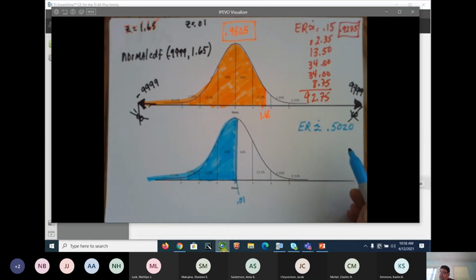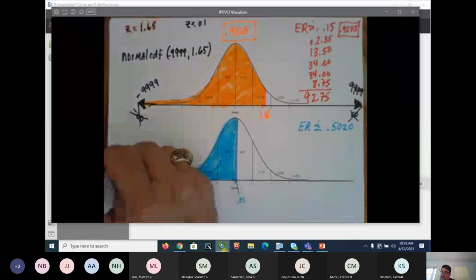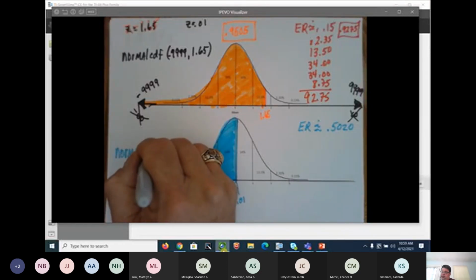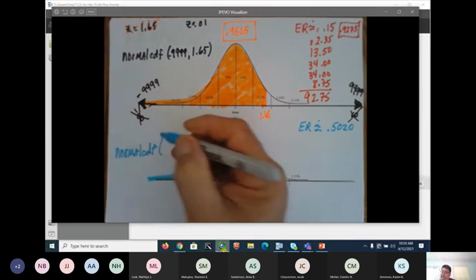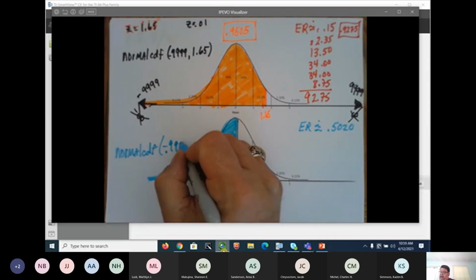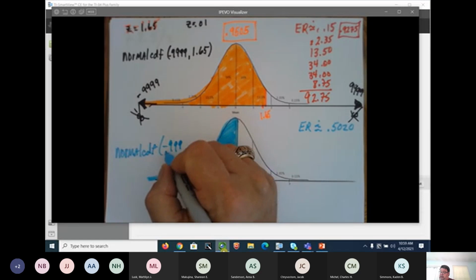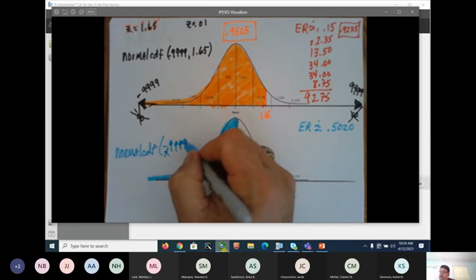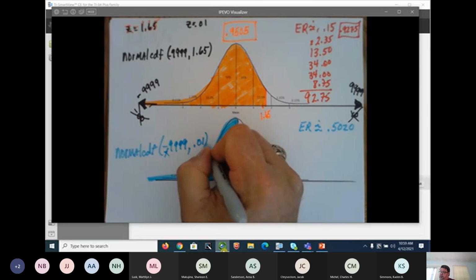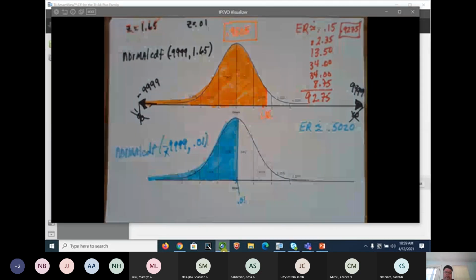So let's do normal CDF. And if you got an old calculator, negative 9999, comma, 0.01, close parentheses.